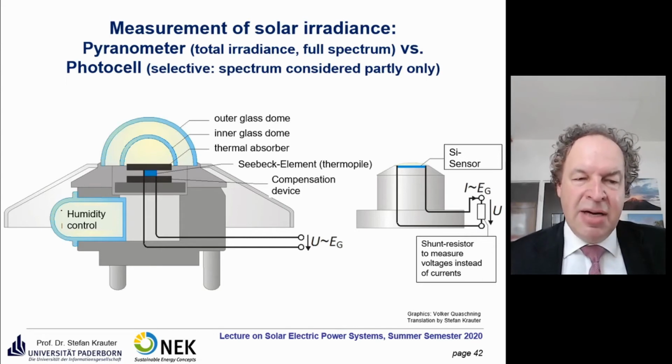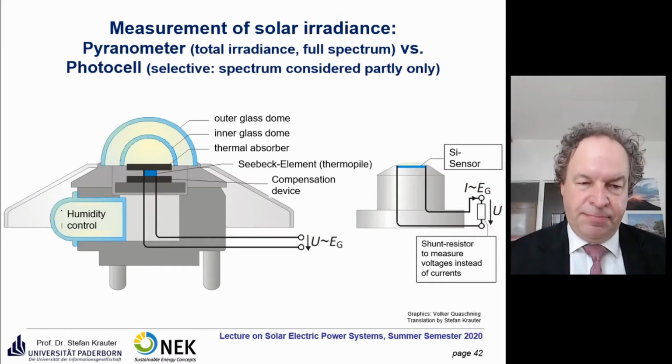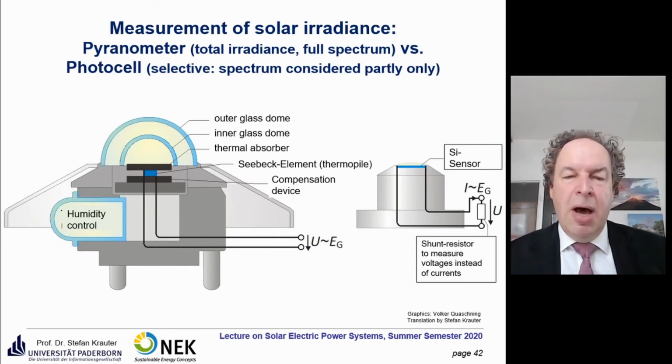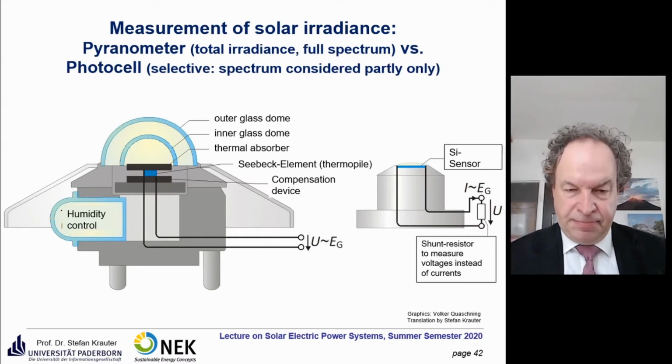You can measure it directly via a thermal sensor, or what is usually done, use a thermopile or a Seebeck element, and then you have a voltage which is proportional to the temperature difference. And if the pyranometer is well constructed, it's also proportional to the amount of global irradiance, as you see in the middle here.